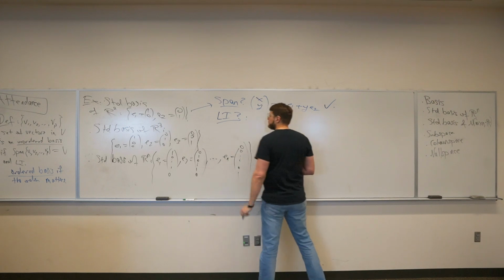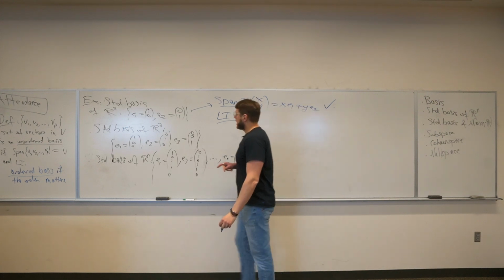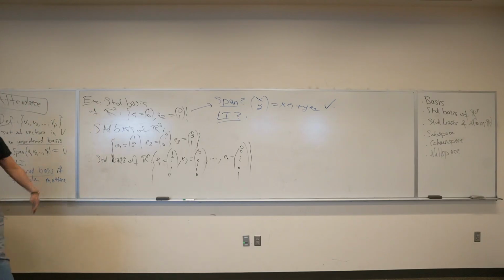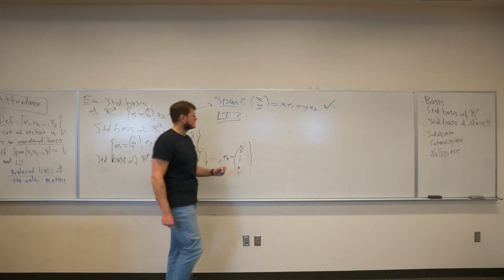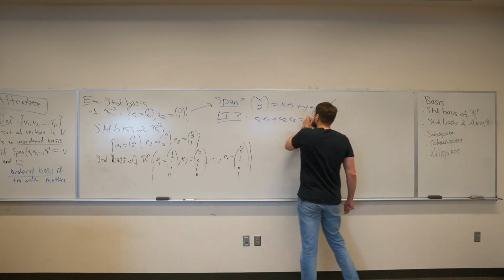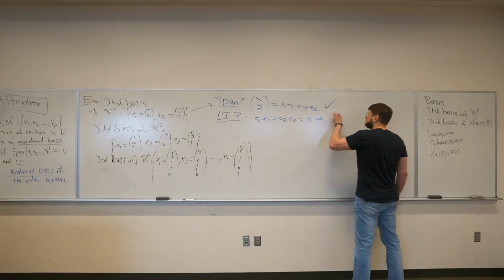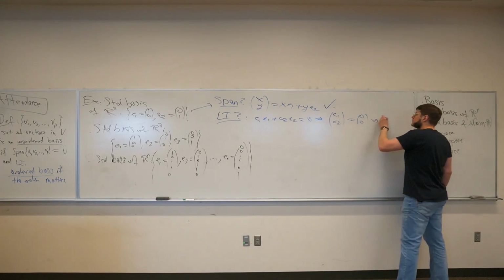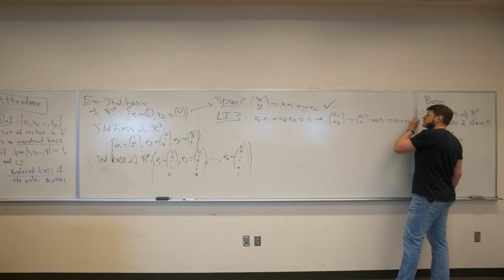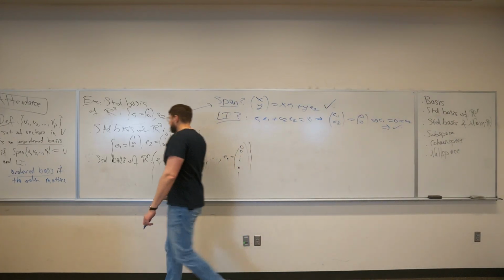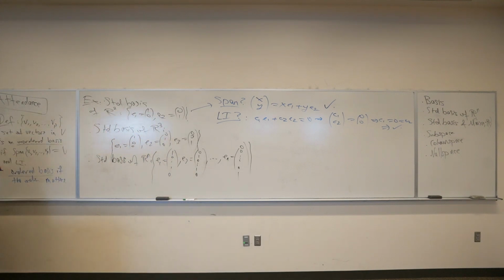You have had some experience with this. I need to take a linear combination of these two and say that linear combination is the zero vector. So c1 E1 plus c2 E2 is 0. Then this means that (c1, c2) is (0, 0), which means that c1 is 0 and c2 is 0. So these are also linearly independent. So you check this and that, spanning and linear independence. If you have both, that means that you're a basis.